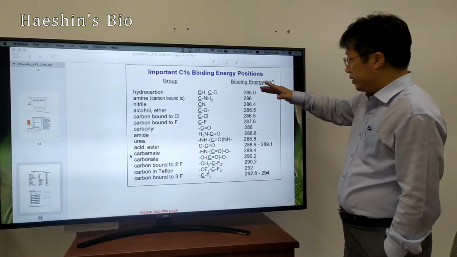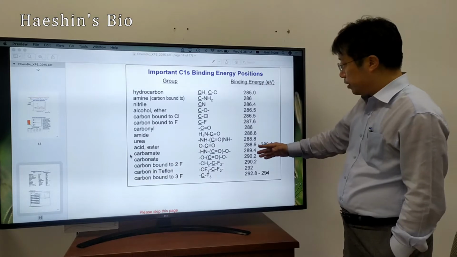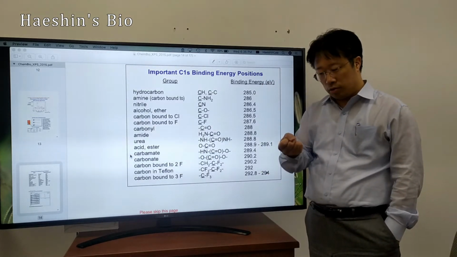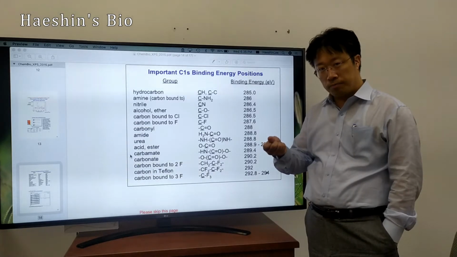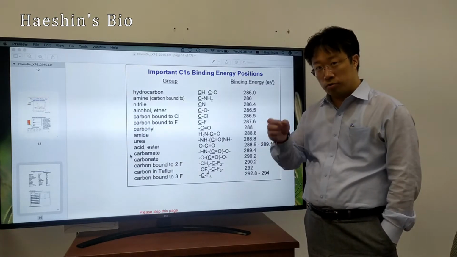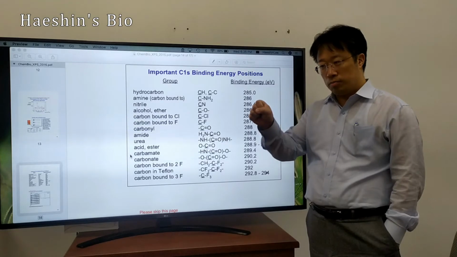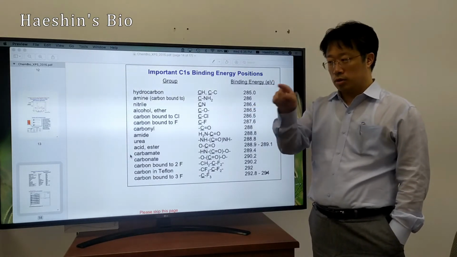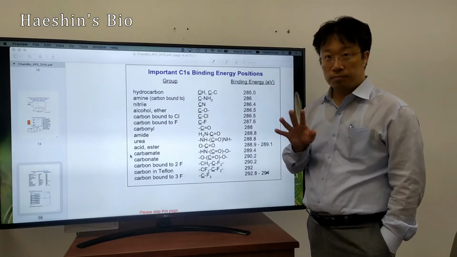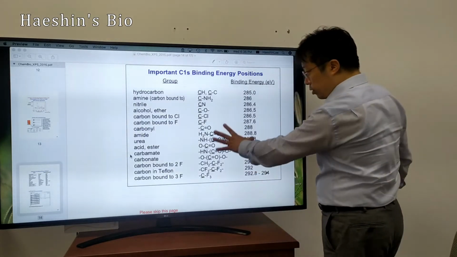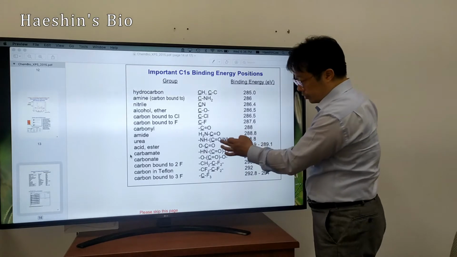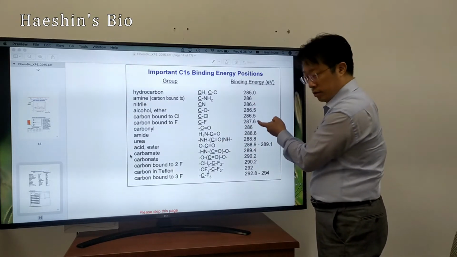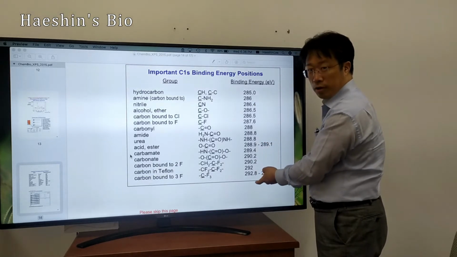You see that the binding energy increases as there are more electronegative atoms nearby. And also the number is important: a carbonyl group versus a carbonyl group with oxygen, or a carbonyl group with nitrogen. There's a difference. So a more electronegative neighborhood results in the binding energy shifting to higher binding energy.